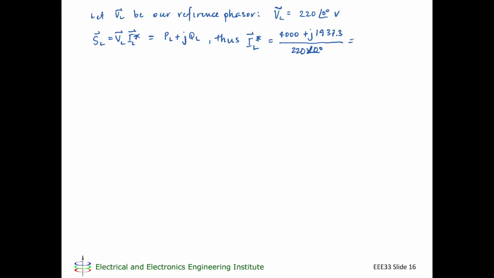And I'm going to get 20.20 at an angle 25.84 degrees amperes. Thus, I sub L is just going to be 20.20 at an angle minus 25.84 degrees amperes.